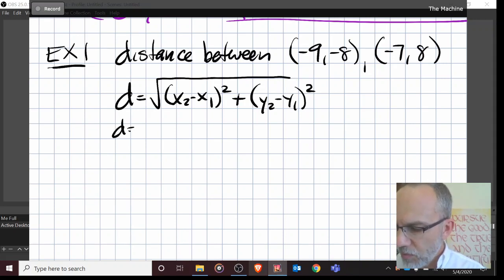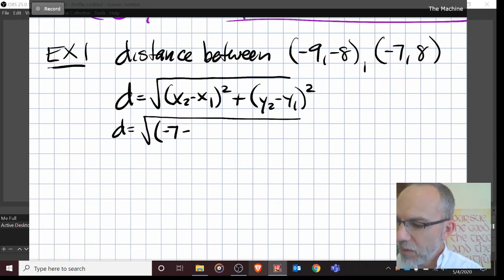Distance is equal to the square root of second x value, -7, minus the first x value, -9. So that means change to a +9 squared. Then plus second y value, 8 minus the first y value, -8, so they become added squared.